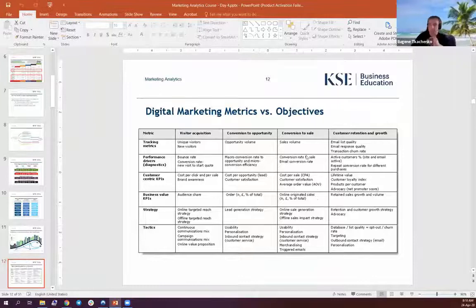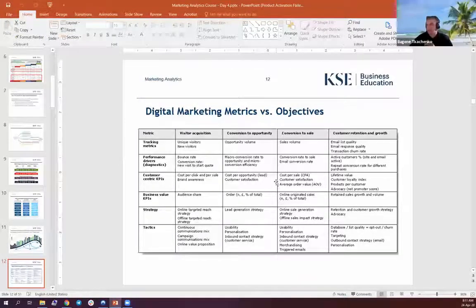But then we also have a separate stage, conversion to sale. That stage helps us to facilitate the process of conversion from opportunity to closed sale even further. So we will be dealing with something like an online sales generation strategy. It is very similar to the previous stage, but you see that the metrics, for example the performance diagnostics metrics, change.